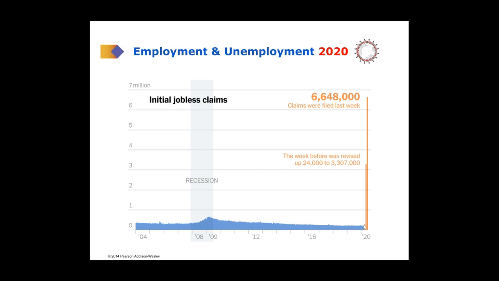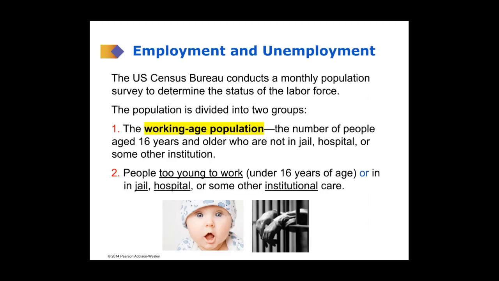And then we get to the coronavirus pandemic, and we had 3 million the first week, 6.6 million the next week. So more than 10 million in just a few weeks' time. So it gives you an idea of how significant the economic downturn was with regards to employment during the coronavirus pandemic.